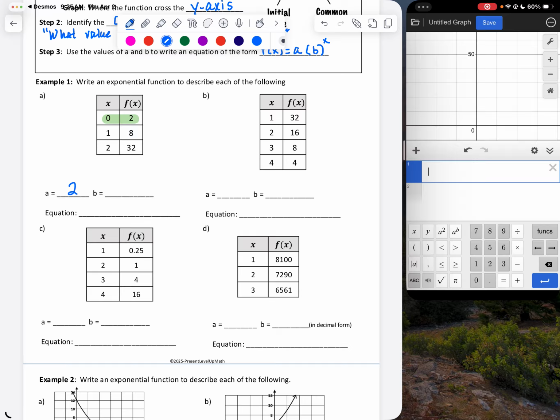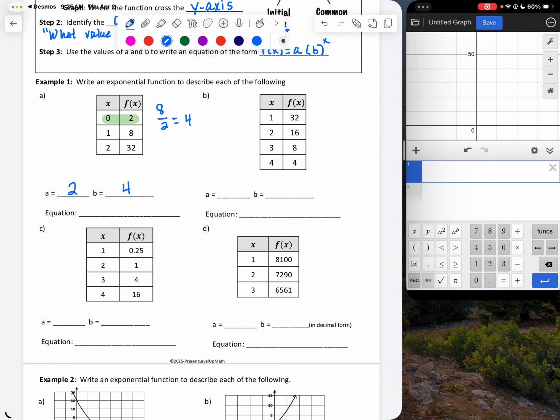So that's your initial value of the function.